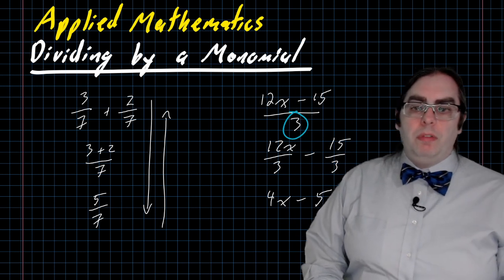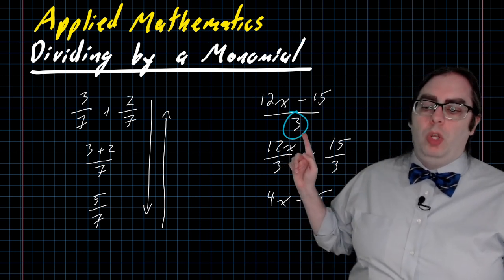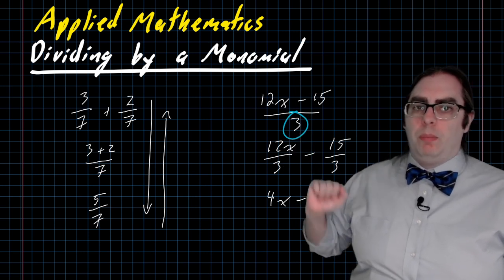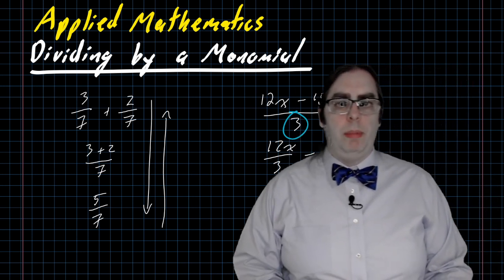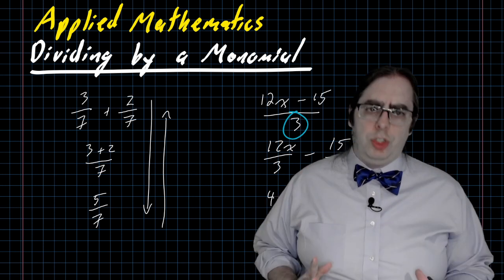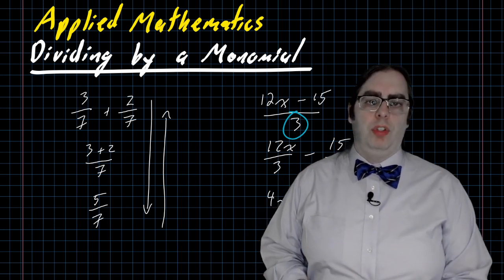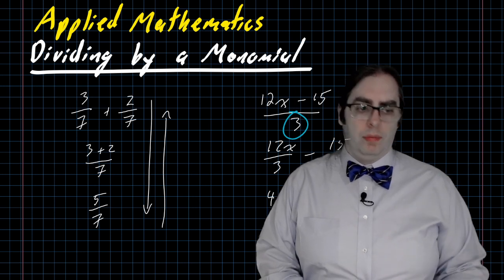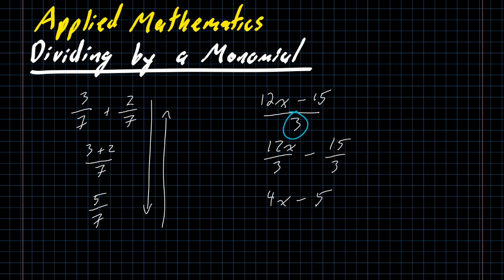So the distributive property here is only useful when the denominator is a monomial. When you have a more complicated expression in the denominator, you need a much more complicated process of solving it. That process is a little bit beyond the scope of this course. But even within this, we can do a lot.